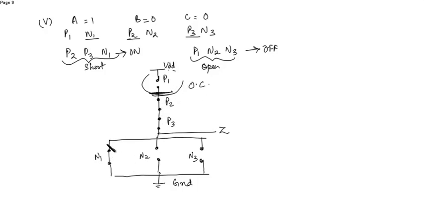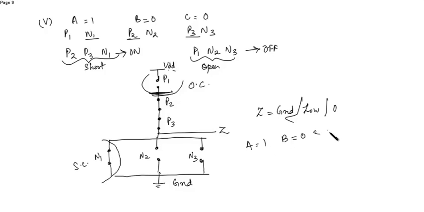But here N1 is short circuited, so it creates a path or it connects the low voltage with the output. So Z is ground again, or you can say low voltage, or you can say it's 0. So when A is equal to 1, B is equal to 0, C is equal to 0, then the obtained output will be 0.